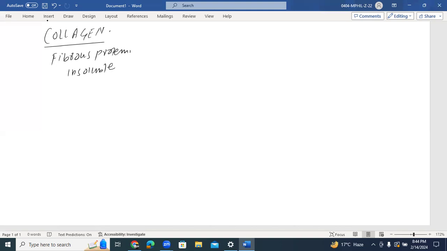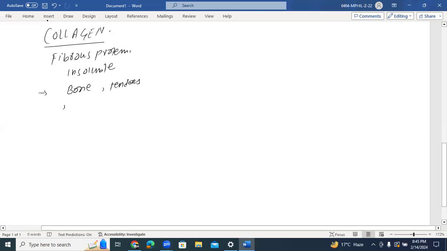Where is it present? This collagen is present in bones. It is present in tendons. Keratin protein is also a fibrous protein, present in hair and nails.